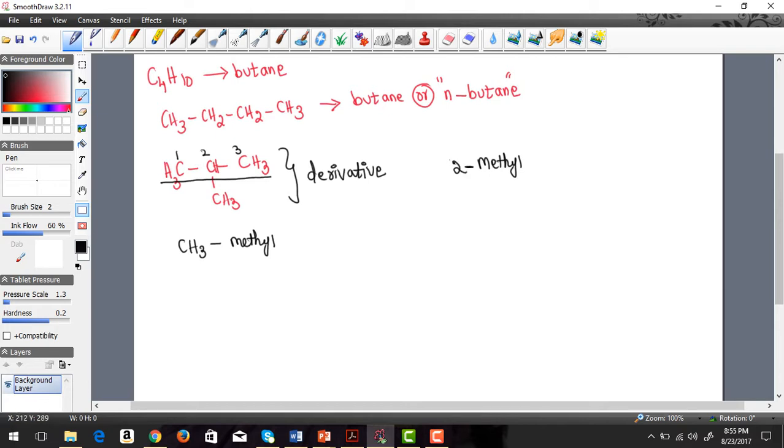What is the longest chain? It's got 3 carbons, right? The longest chain. In this, we're not worried about this chain, we're only worried about the derivative part. The longest chain has 3 carbons, right? 1, 2, 3, right? Any compound containing 3 carbons is known as propane, right?